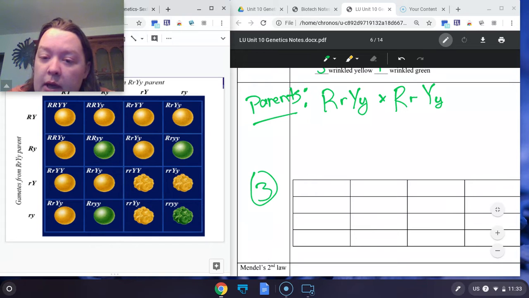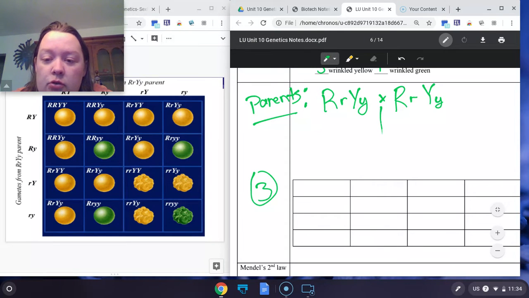So we have our parents, and we know that each parent will pass down one R and one Y. Now we have to figure out all the different combinations of R and Y that each parent could pass down. So I'm going to draw these separately, and we're going to figure out what goes along the top of our box here, because we're figuring out all the different combinations that parent one could pass down. Now there's two ways that you can do this.